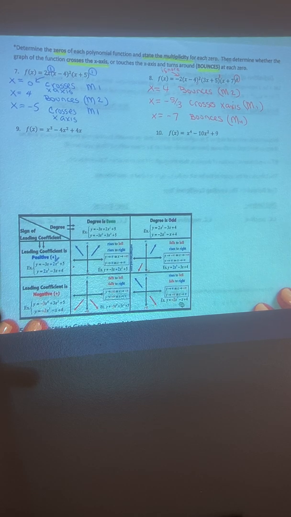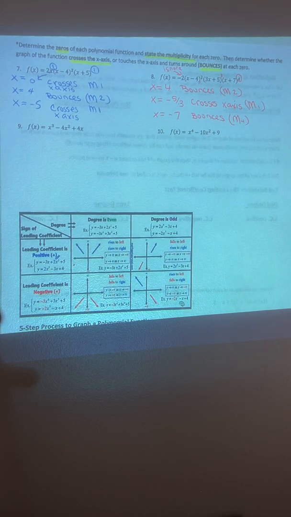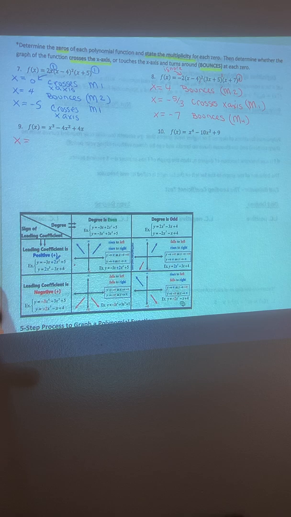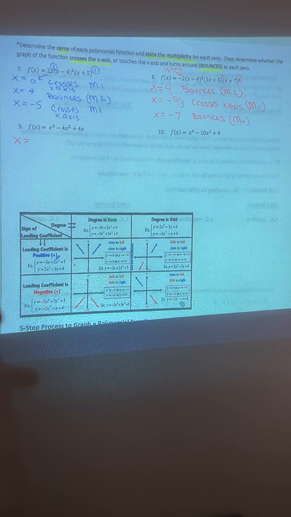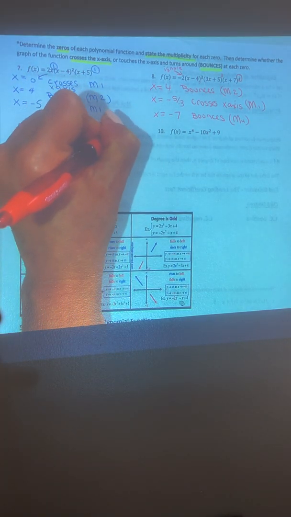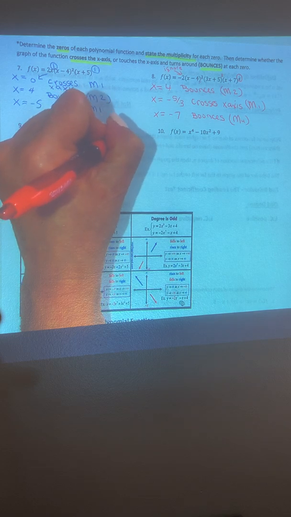Okay, let's try number 9. For this one, I can't write x equals yet, I need to factor it first.